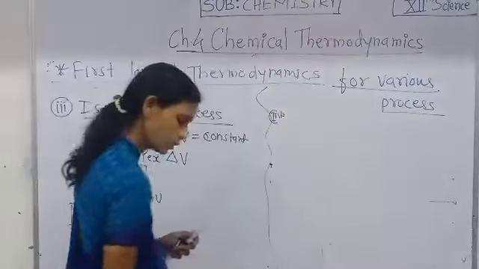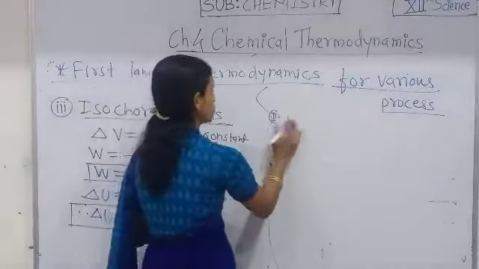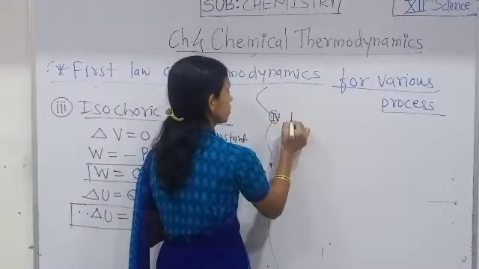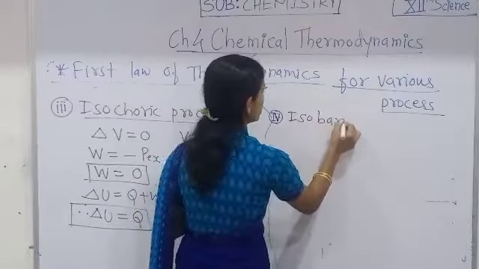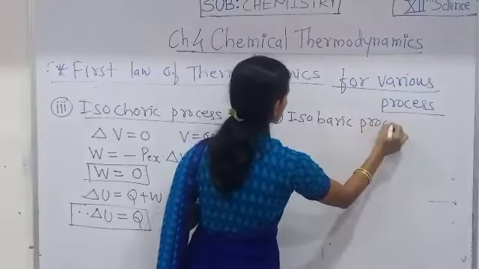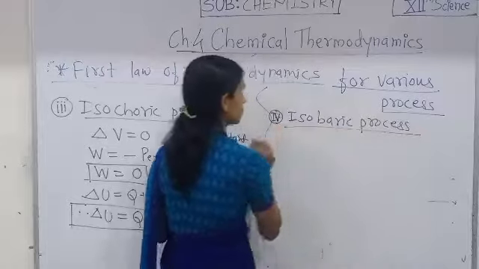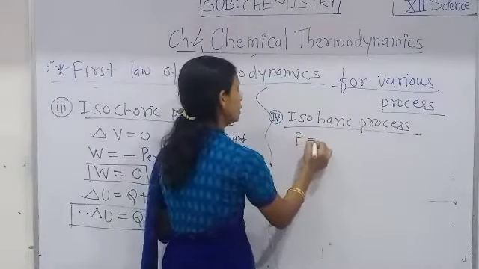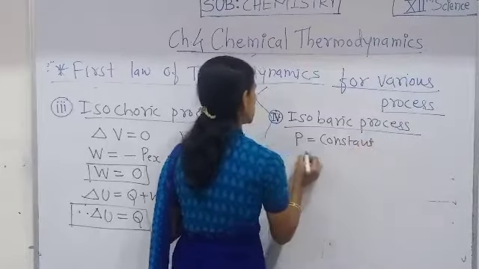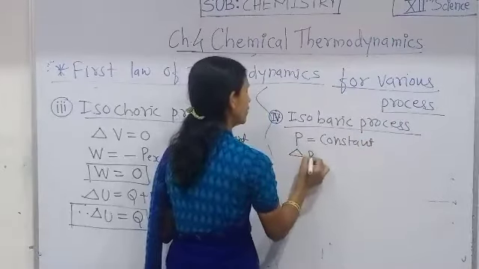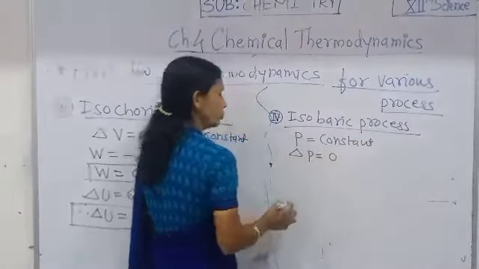Now the isobaric process. Here P is constant. Therefore, here delta P is 0.